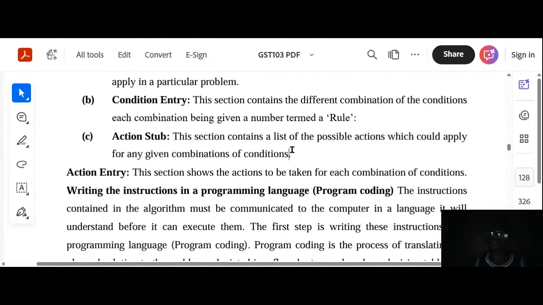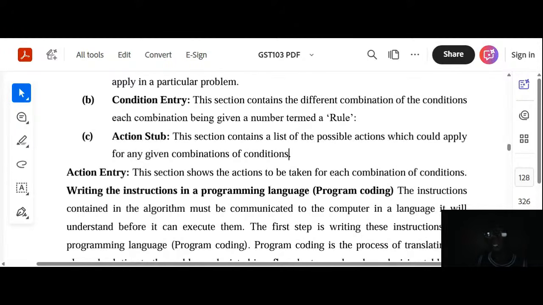That is action stub. It's just like assuming you are compiling arithmetic rules: minus multiplied by minus will give you plus. Minus multiplied by plus will give you minus, and plus multiplied by minus will give you minus.